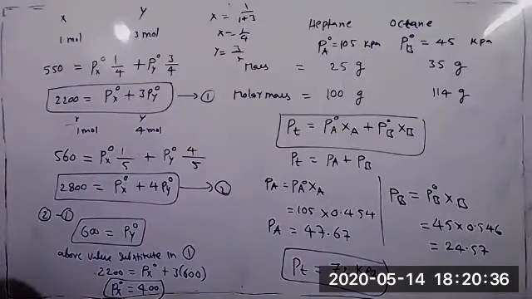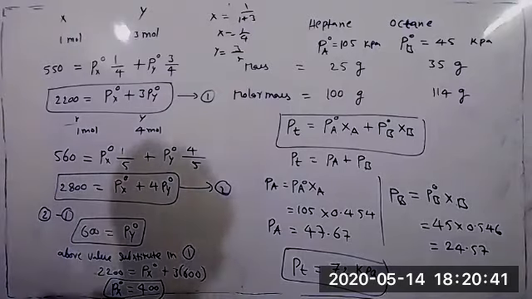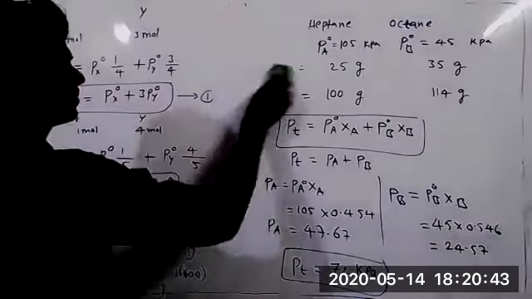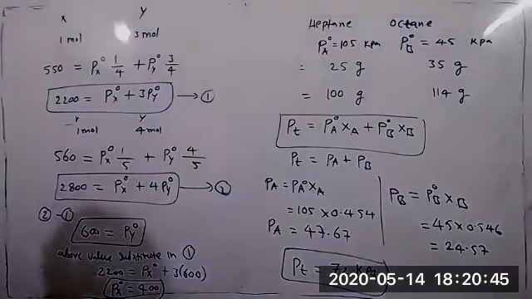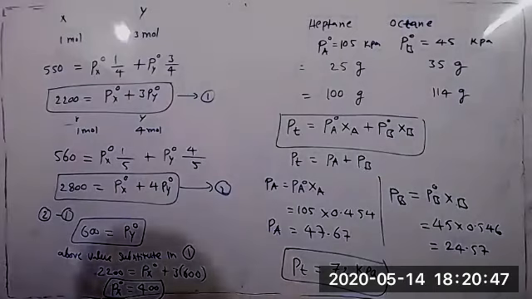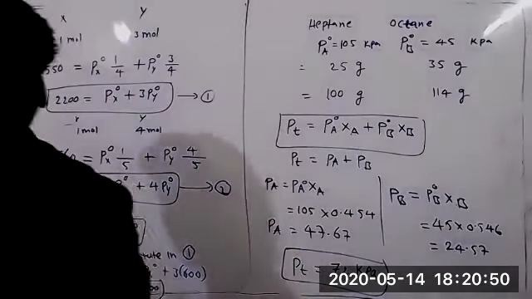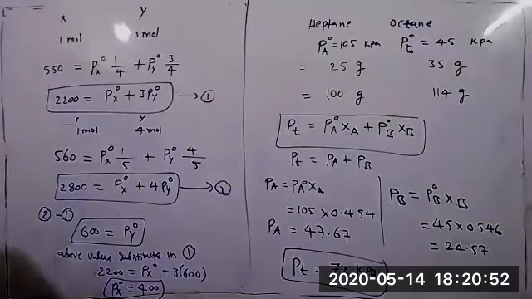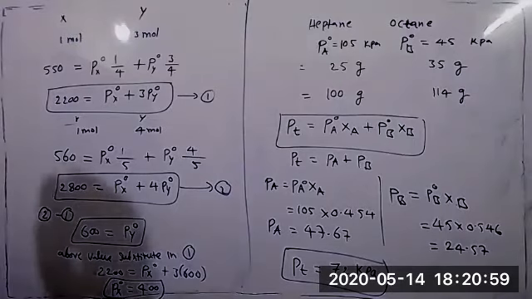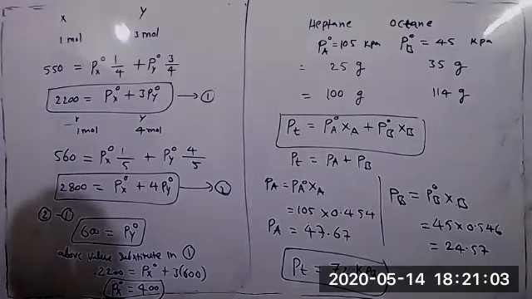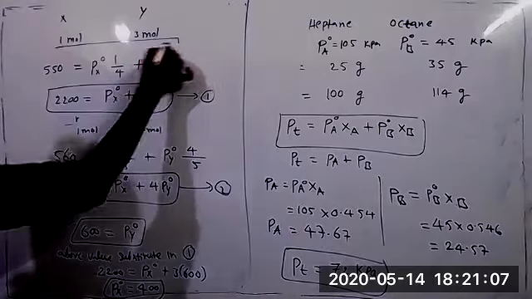Option C is correct. If you have confusion, here write the P total formula.